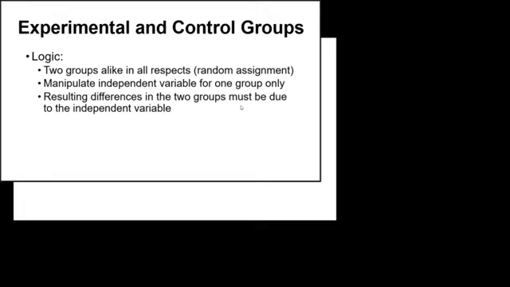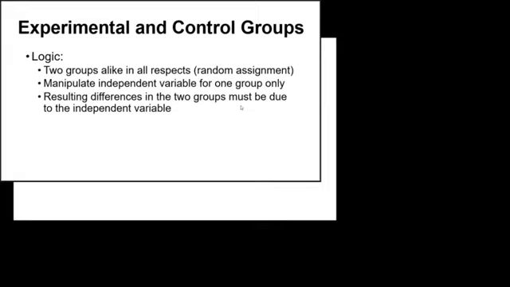But our logic here is that if we have two groups that are alike in as many respects as we can get them, so if they are very similar on other factors, then any difference between the two groups comes from the manipulation of that independent variable. One group having received a specific treatment and the other group not receiving that treatment, the only difference theoretically should be that treatment.